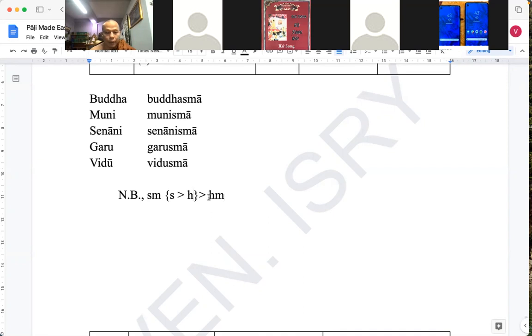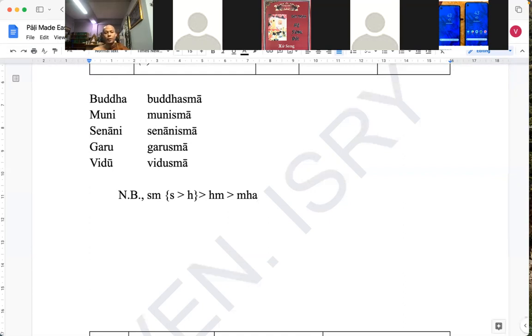And then in the ha ma construction, the order changes from ha ma to ma ha. In the present tense, past tense, singular and plural, we already learned such a change: me, asami, and ma, asama.